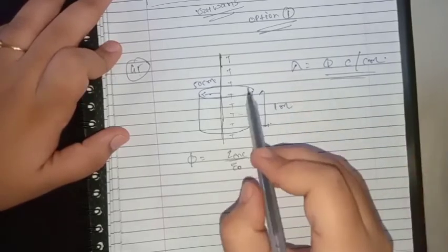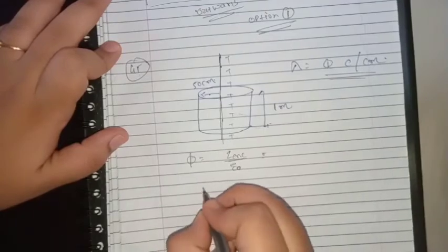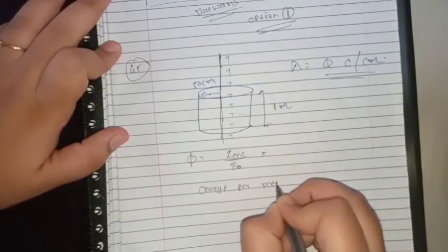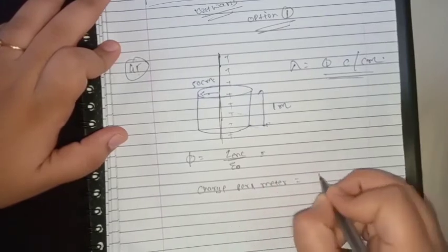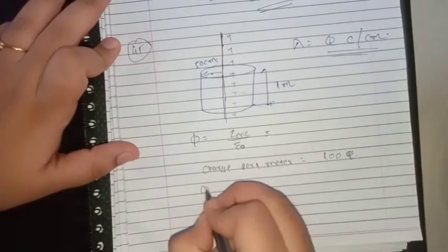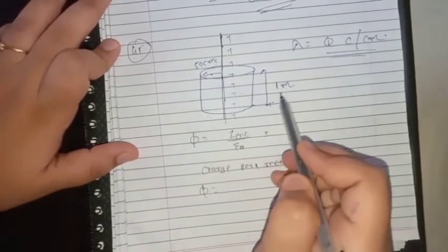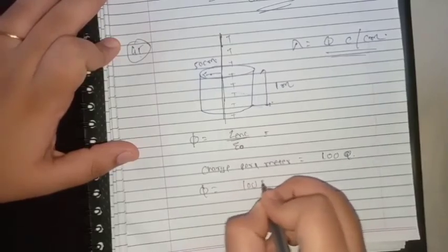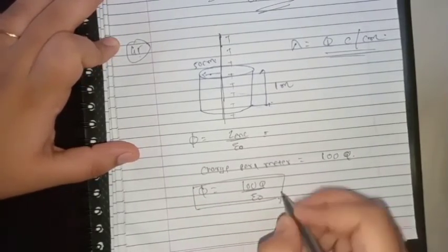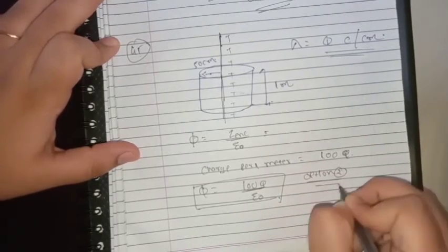Here the charge per centimeter is Q. So charge per meter will be equal to 100 Q. So flux will be equal to Q enclosed, and Q enclosed in 1 meter length will be 100 Q divided by epsilon naught. So option 2 is the correct option.